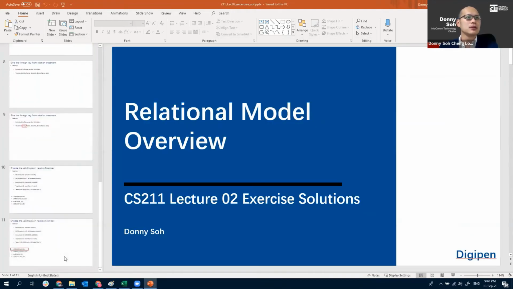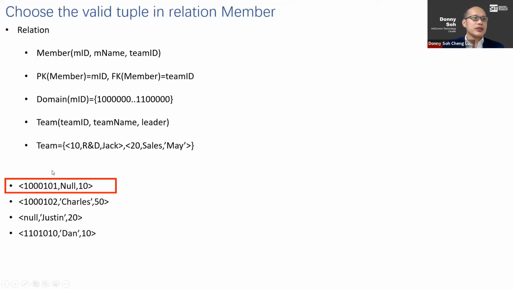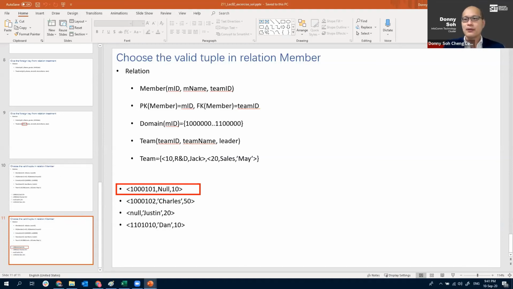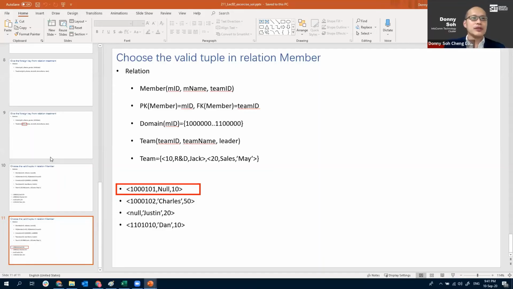The sequence of this and this is important, because the first one is going to refer to your ID, the second one to your name, and the third one to your team ID.